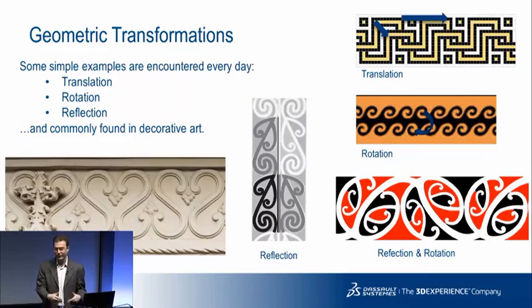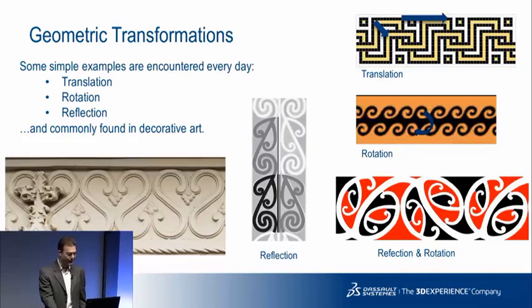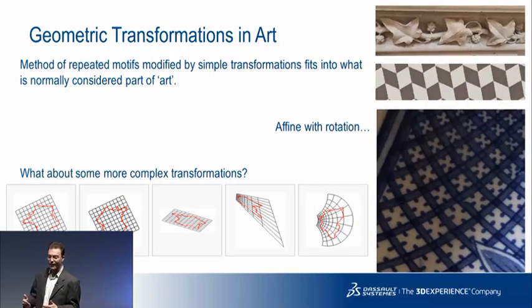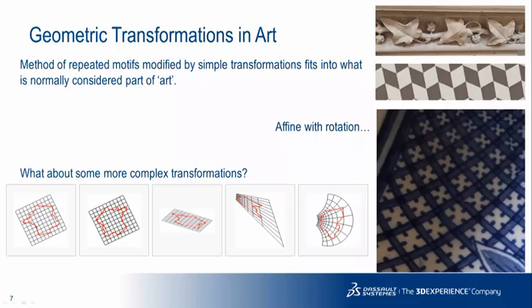And you can see reflections. This is a picture I took down in the 7th arrondissement of a nice building. So this kind of approach of taking a motif and repeatedly modifying it by some simple geometric transformation certainly fits into what's normally considered part of art, or the decorative arts at the very least.